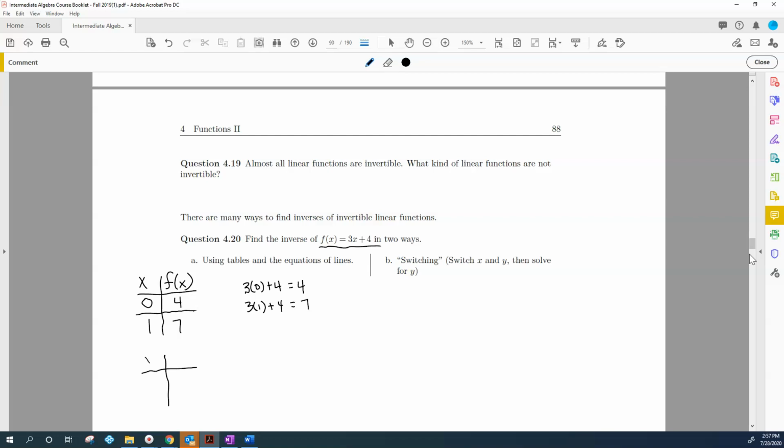If I have x and then the inverse of f of x, and if this is 4 and this is 7, what would my answers be? So if I know x is 4, what would I get for my inverse of f of x?